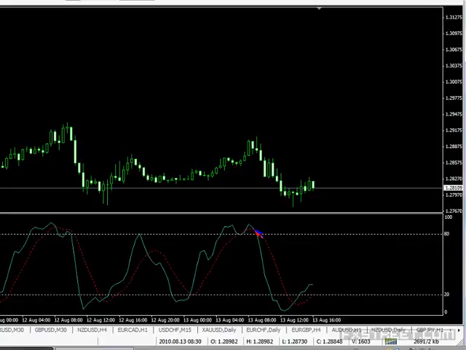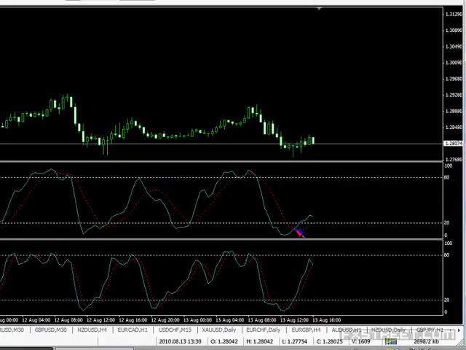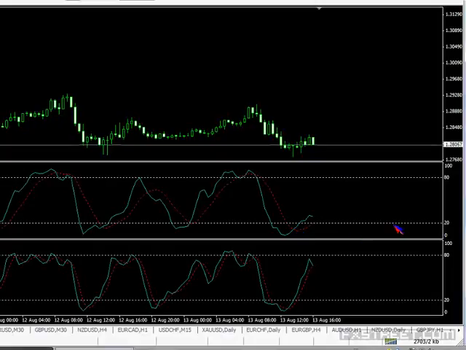You know that this 14, 7, 3 is the classical setting for this stochastic oscillator. We could add, as a filter, another oscillator, another setting for the stochastic oscillator that will help us filter the signals we see in the first one.